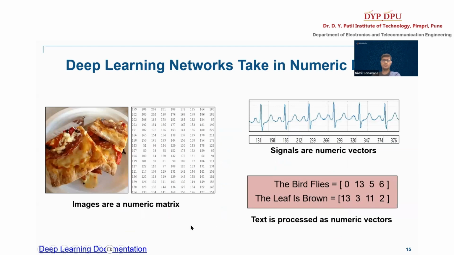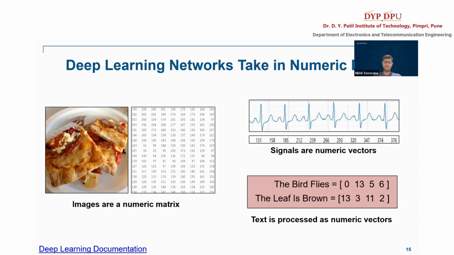Sure. So I said that all the data that we are sending goes through some kind of mathematical operation. And why we are choosing mathematical operations over here is because any data that you have can somehow be represented as a numeric value. Images, as you know, can be considered as a matrix, an RGB matrix, which has levels of intensity.